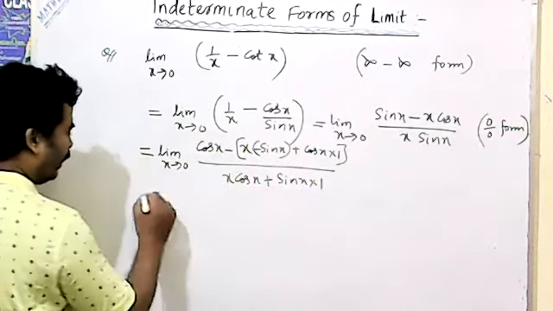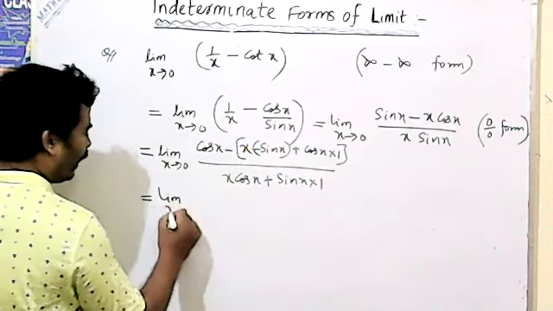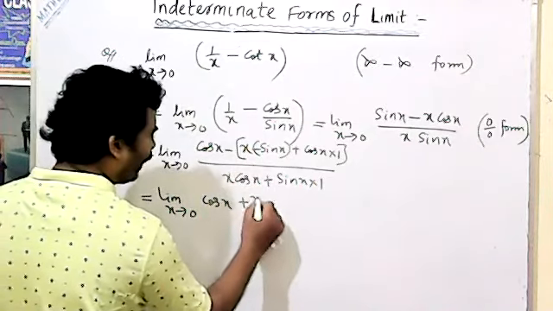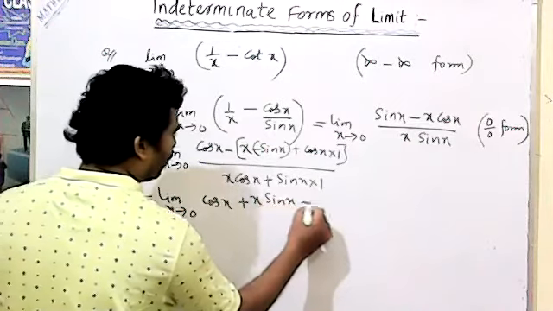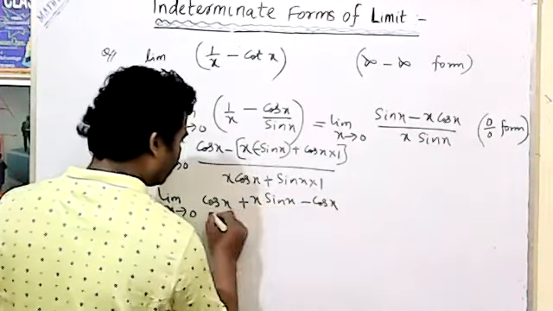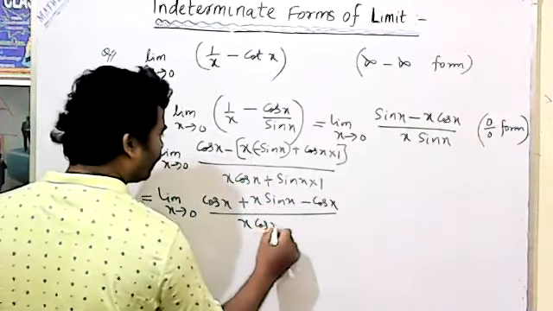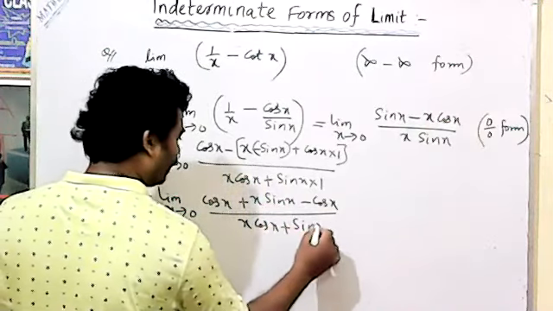The value here, limit x tends to 0, cos x plus x sin x minus cos x whole divided by x cos x plus sin x.